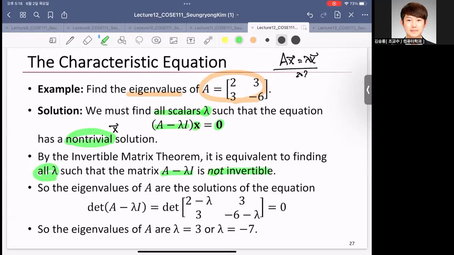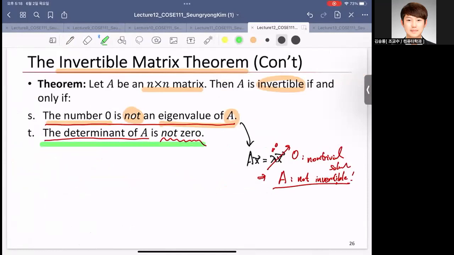If this matrix were invertible, there would be only the trivial solution. But we have to find lambda such that A minus lambda I is not invertible. So how can we find this? From here, we can just use the determinant.